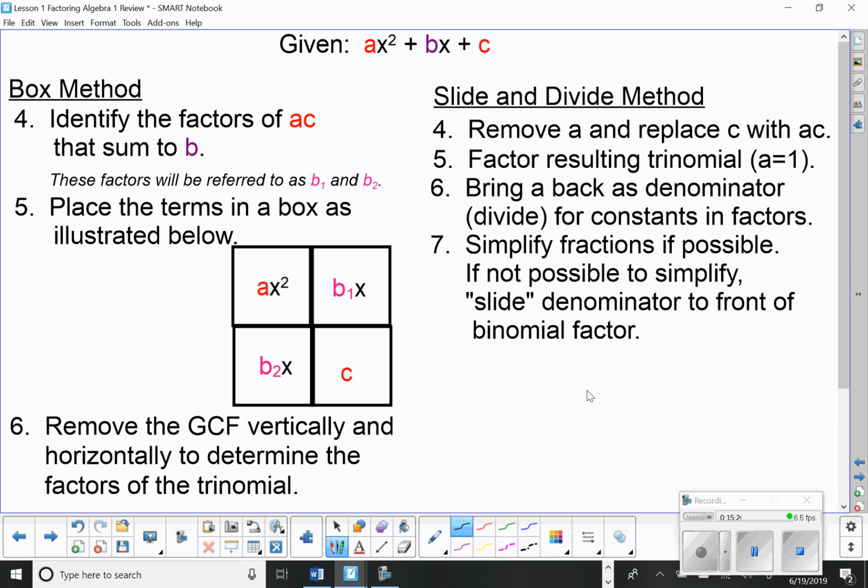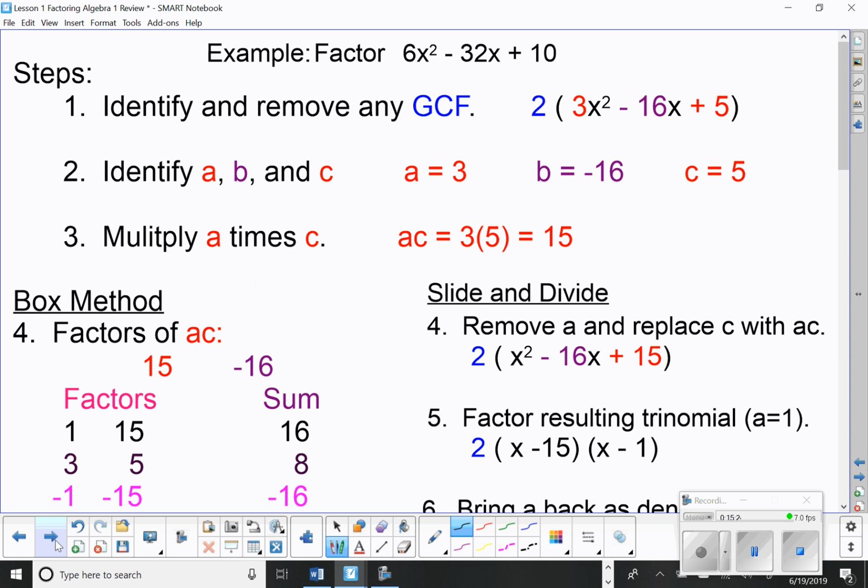I'm going to be using the star in class. So if we go ahead, and again, here's an example of 6x squared minus 32x plus 10, and I've done step 1, step 2, step 3. And then I've gone on with the box method and slide and divide. You can pause the video and read and work through.